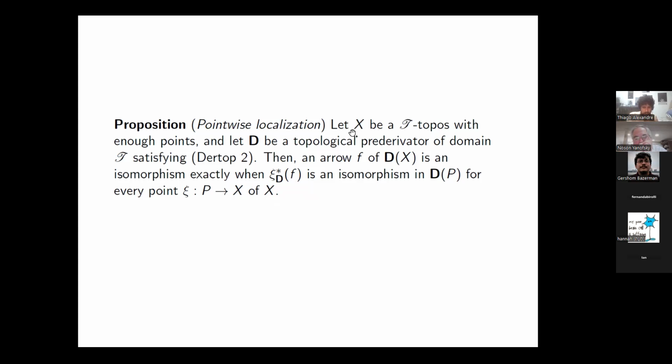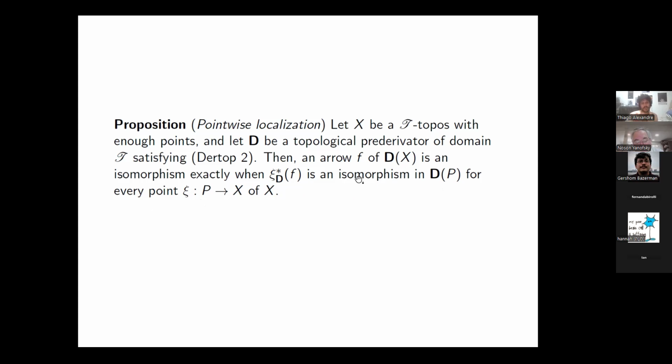One of those is that if X is a T-topos with enough points, and we have a topological prederivator satisfying this, then an arrow in the derived category is an isomorphism exactly when the fiber, the pullback, is an isomorphism in D of P, evaluated at the point topos for every point of the topos X. So basically it's a stalkwise way to see if an arrow f at X is an isomorphism.